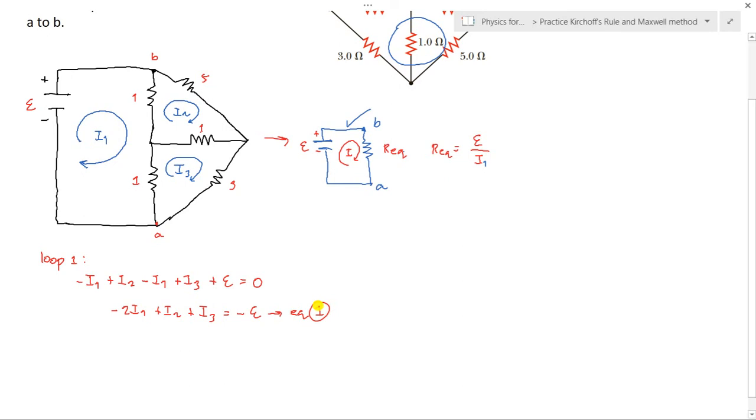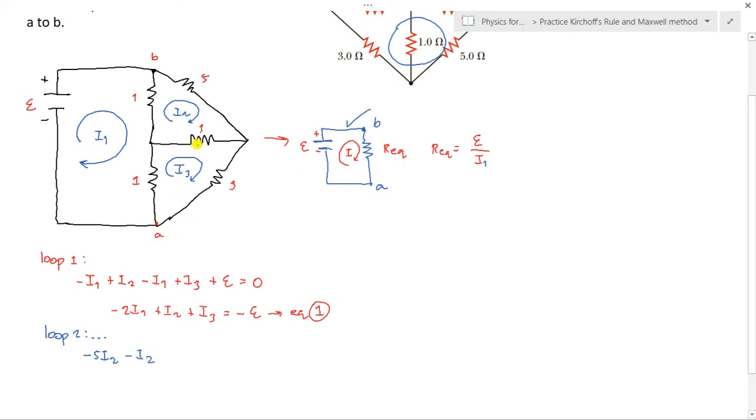Then next, let's move on to the second loop. At loop 2, Maxwell, we have a 5 ohm resistor. I2 passes there, so voltage drop. So we have negative 5 I2. Next, it passes through the resistor that is horizontal. So voltage drop, minus I2.